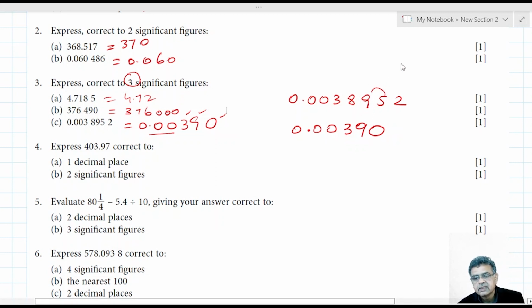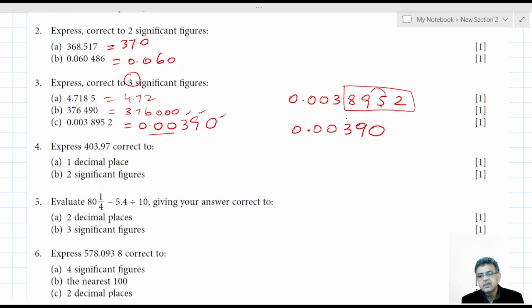And how do we decide? You should look at these numbers. We have nothing to do with this 3. 895, you can consider it as 895, but you have to round it off to two figures here, because one of them, 3, is here, we need 2 more.